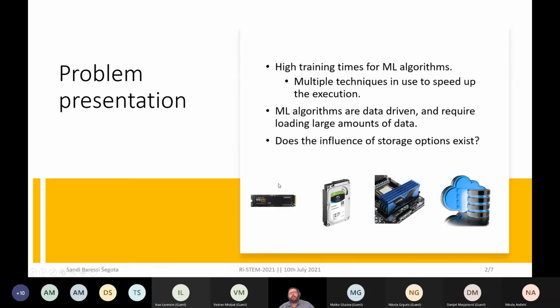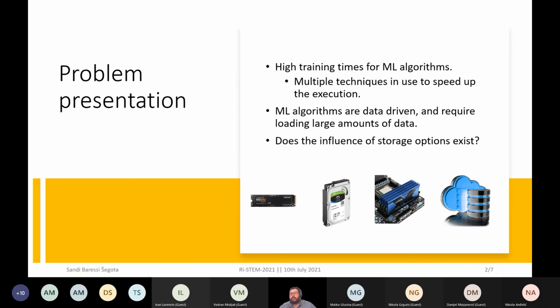So essentially the issue we are trying to consider here is something that's familiar to everyone who has worked with machine learning algorithms, and that is that training times for such models are extremely high. There are a number of techniques such as transfer learning that can help speed up this process, but there's one factor that I haven't seen commonly considered, and that is since these algorithms are data-driven, they are trained using data, and usually extremely large amounts of data.